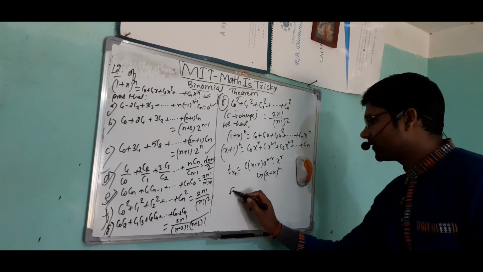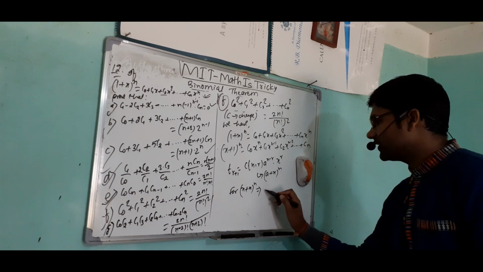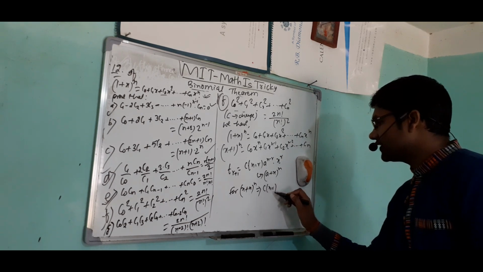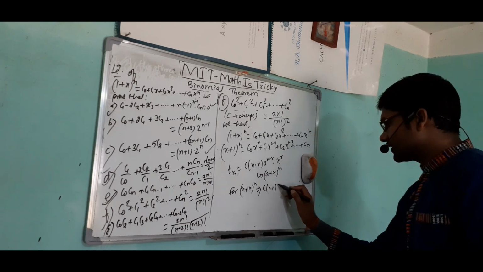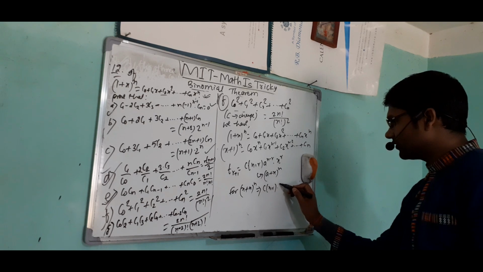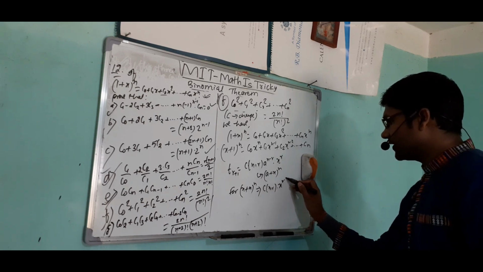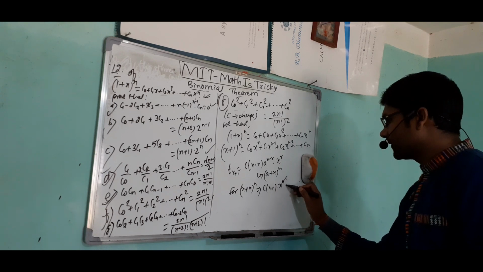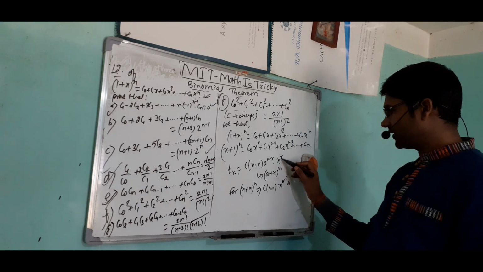So for (x + a), what will be the formula? Just simply here C(n,r) will be as it is, and then a power r, and x power n minus r.